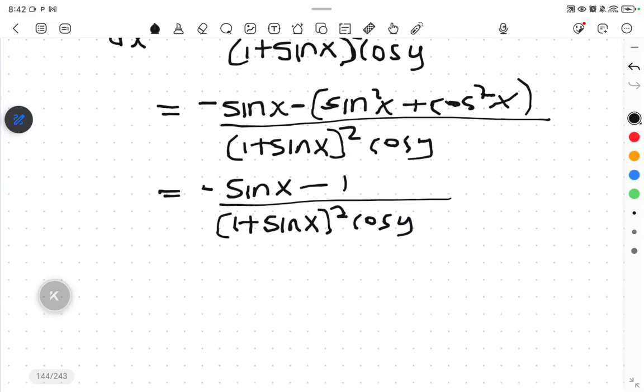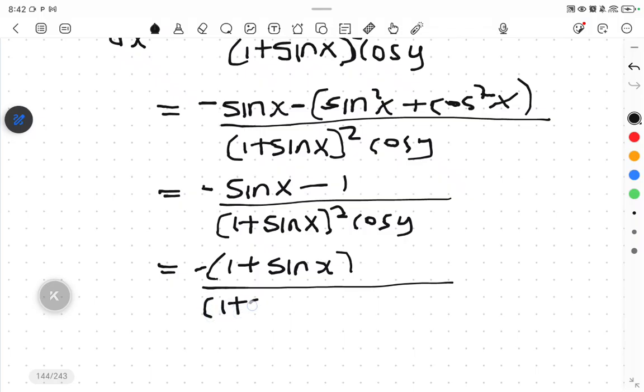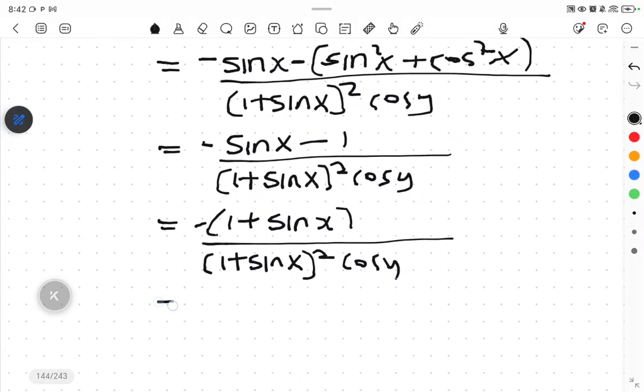Then this will be minus 1 plus sine x all over 1 plus sine x squared cos of y. So this is equal to minus 1 over 1 plus sine x cos y.